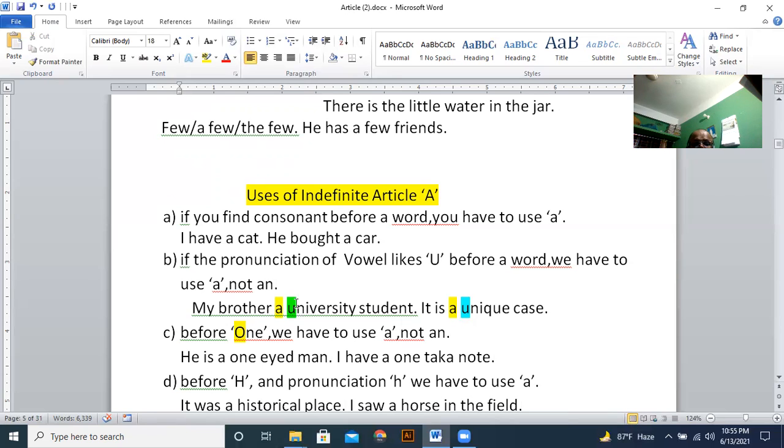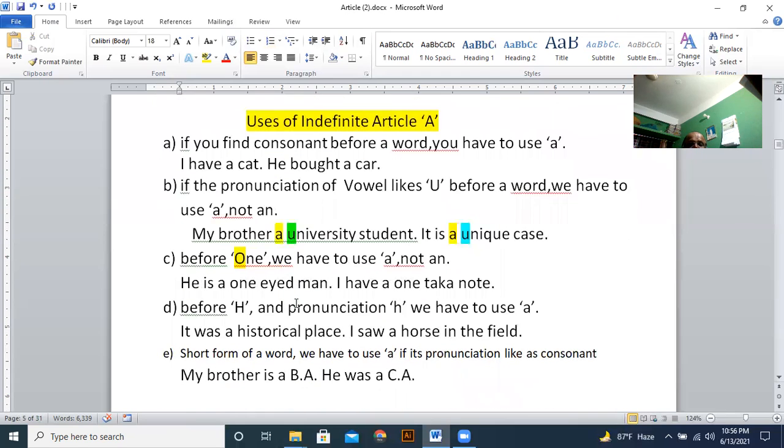Next, serial number C: before one, when the word is one, we have to use a, not an. He is a one-eyed man. I have a one taka note. Next, serial number D: before h when the pronunciation of h is sounded, we have to use a. It is a historical place.